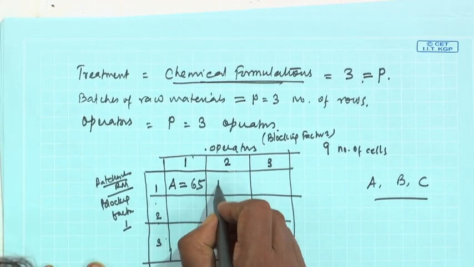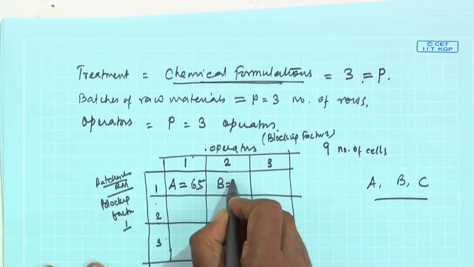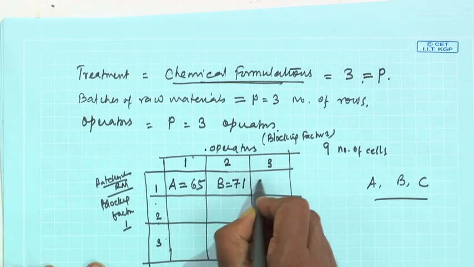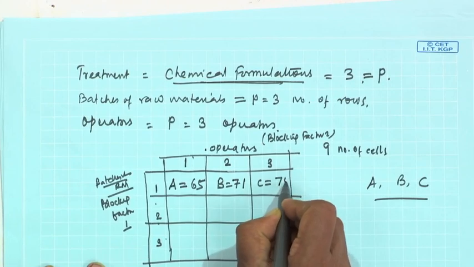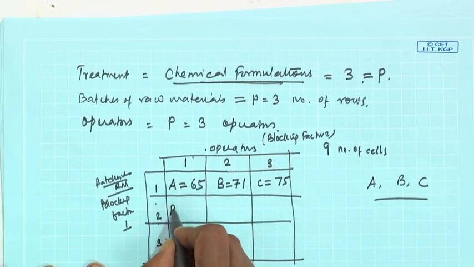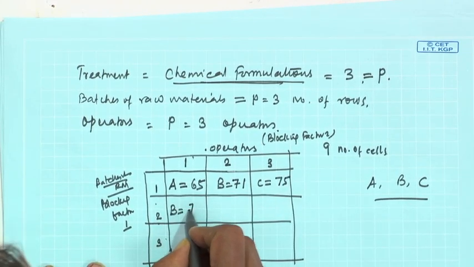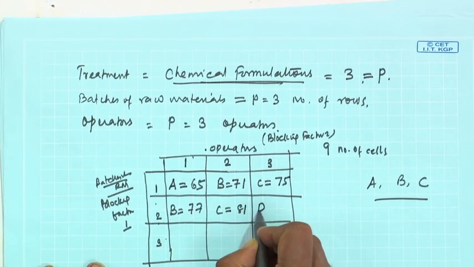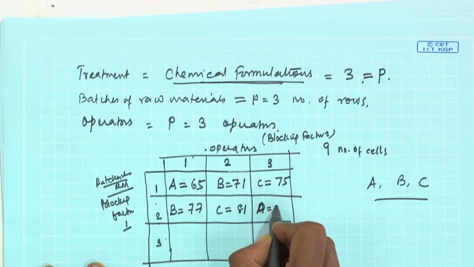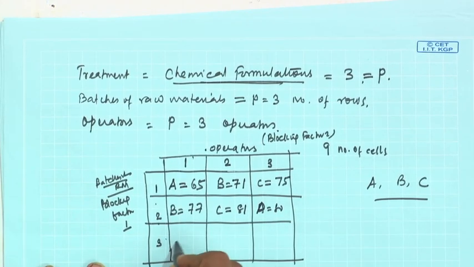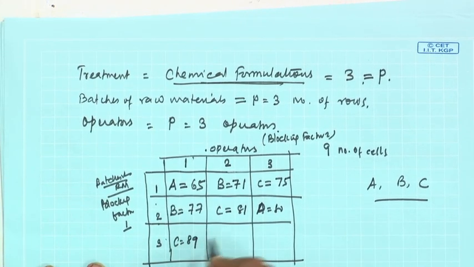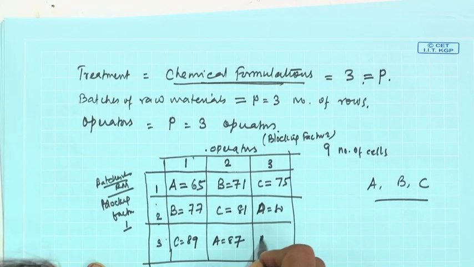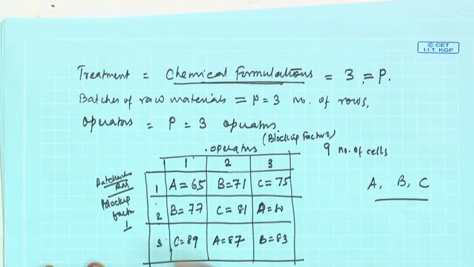Similarly B process yield is 71, C process yield is 75, then again here B yield is 77, C yield is 81 and then A yield is 80, then C is 89, A yield 87, B yield 83.